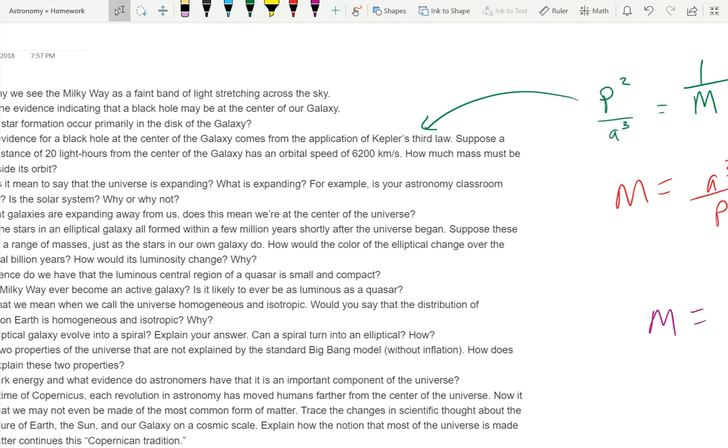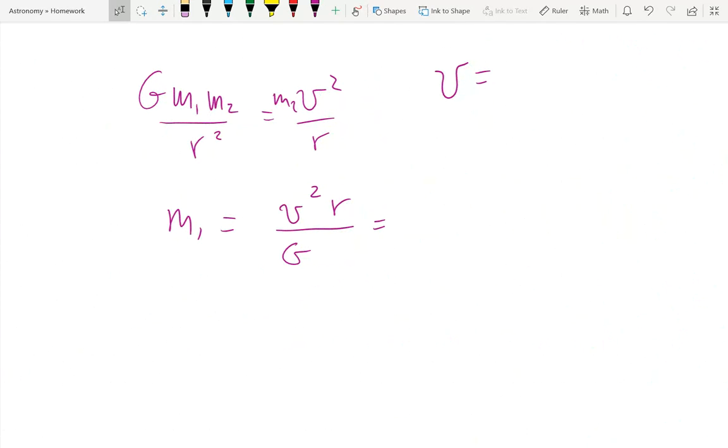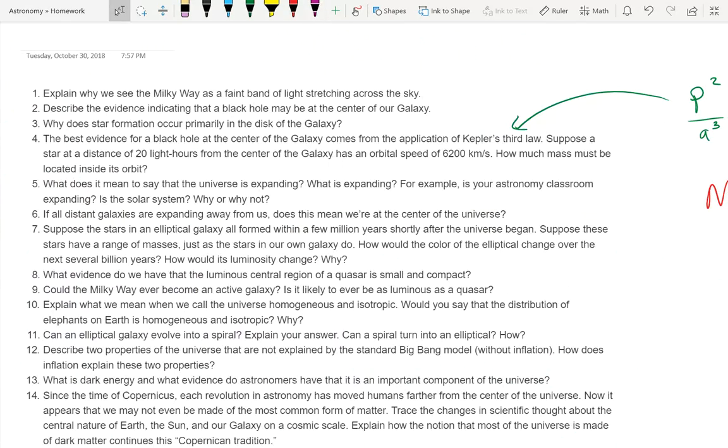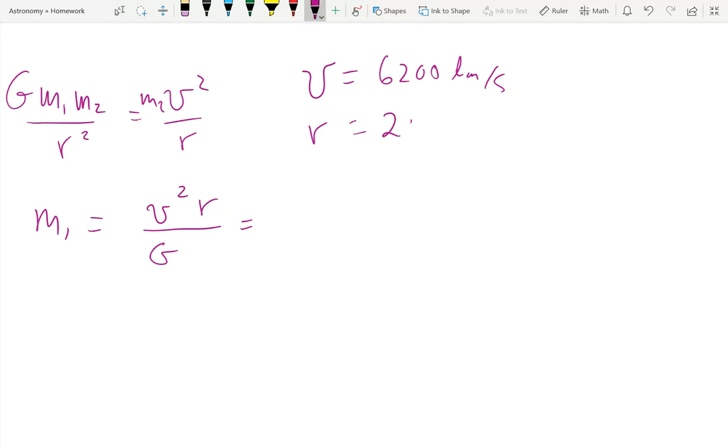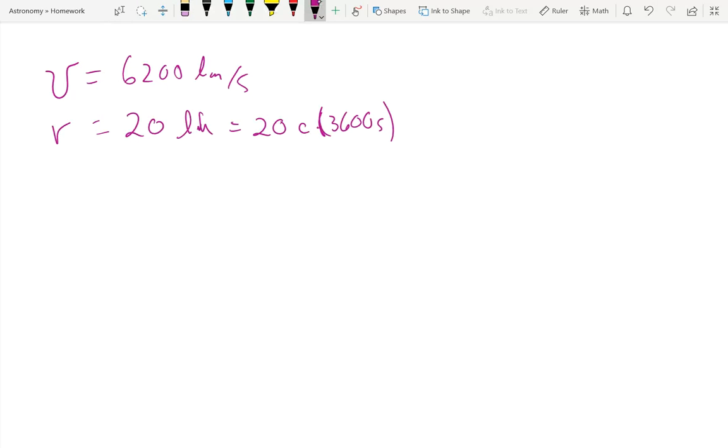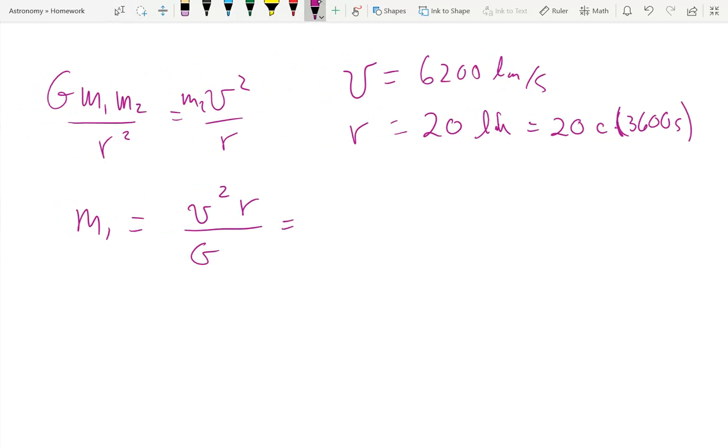The speed is 66,200 kilometers per second. And R is 20 light hours. So that's 20 times the speed of light times 3,600 seconds. And so if I put those numbers in, there I converted that to meters per second.